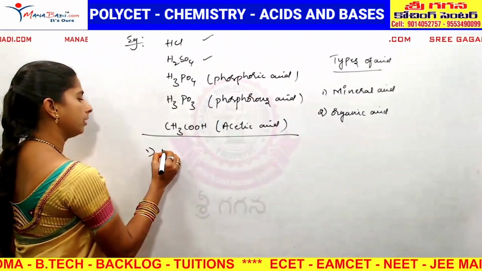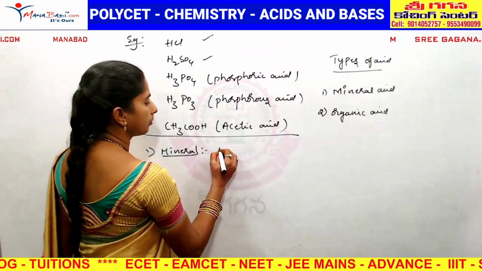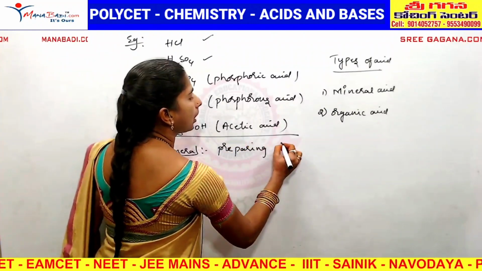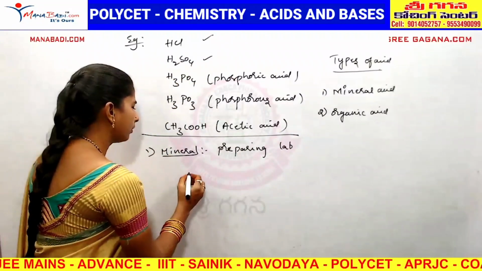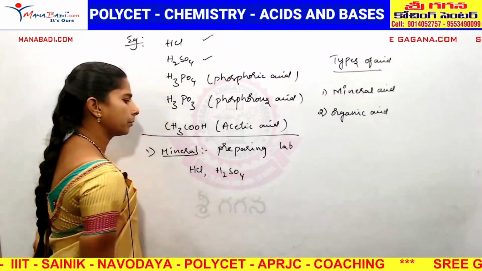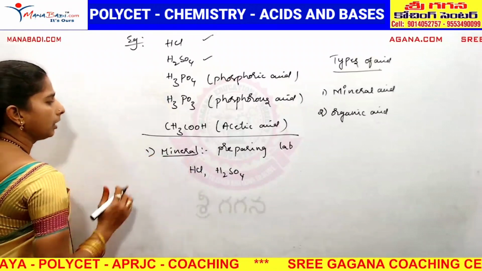Mineral acid means the acid which we prepare in the laboratory. For example, HCl and H2SO4 are prepared in the laboratory, so they are called mineral acids.